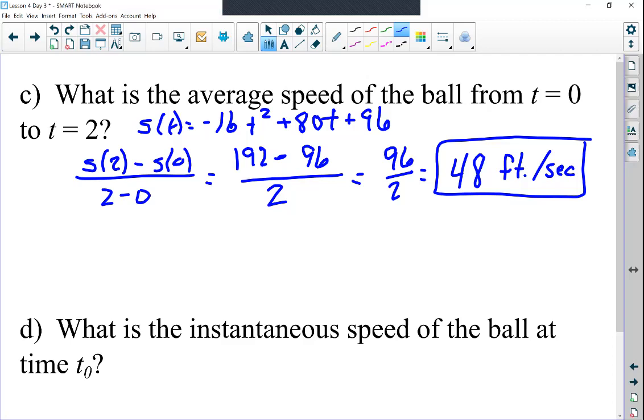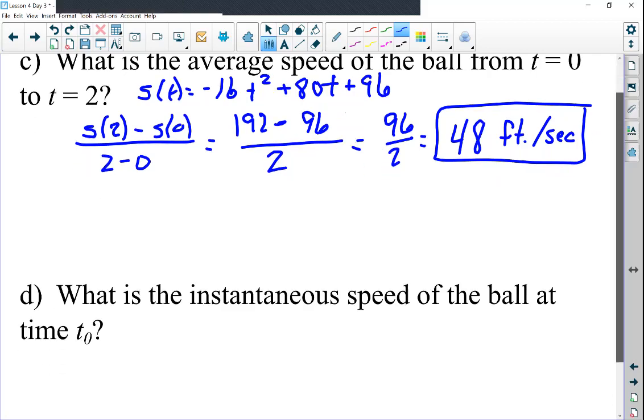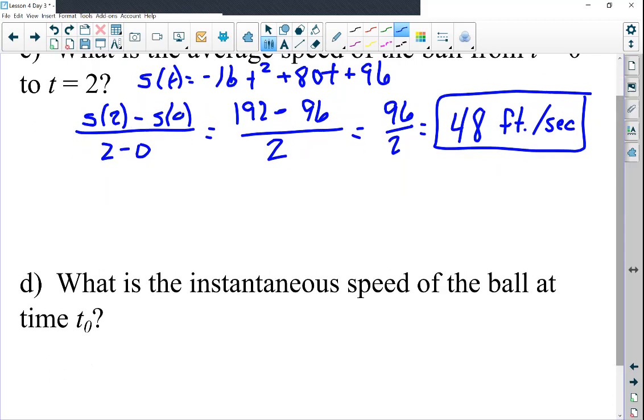Now the fun starts. I know you just can't wait, I can tell. Find the instantaneous speed. Now, to be honest, in physics and in calculus, we don't say speed. Normally we say velocity. Find the instantaneous velocity of the ball at time t equals 0.